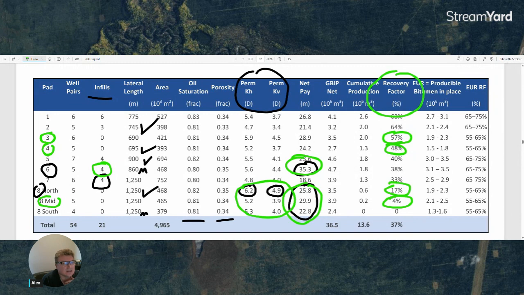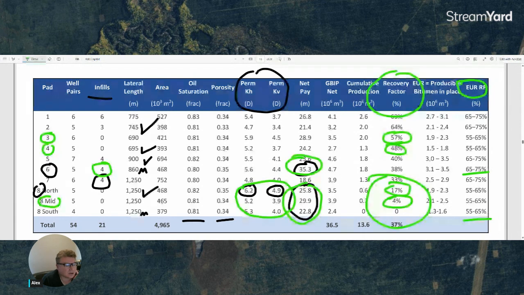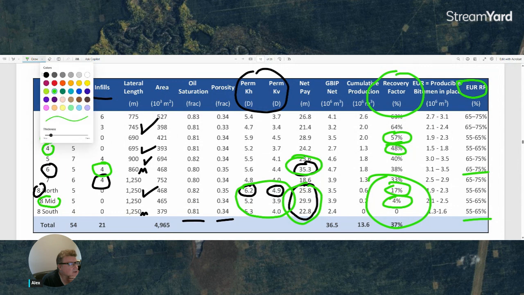So you can see basically what's aged and what's newer and what's older. And obviously we have this ultimate recovery factor, right? Estimated ultimate recovery factor at 55, 65, 65, 75. So we have a long time to go here on pad 8, which is a fresh new pad. But we also have lots of time to go on other pads as well, right?